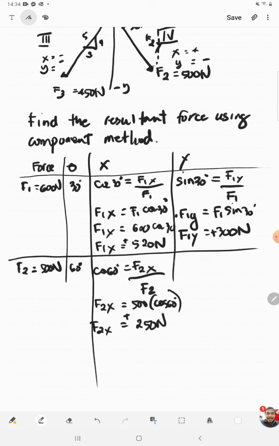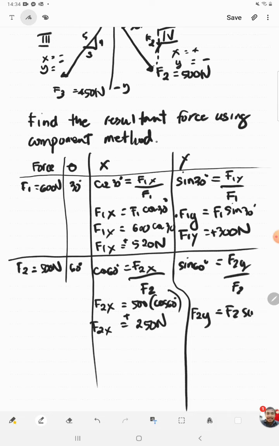Now, finding F2y, sine of 60 equals F2y divided by F2. So F2y is F2 sine of 60 degrees, which is sine of 60 times 500, giving 433.